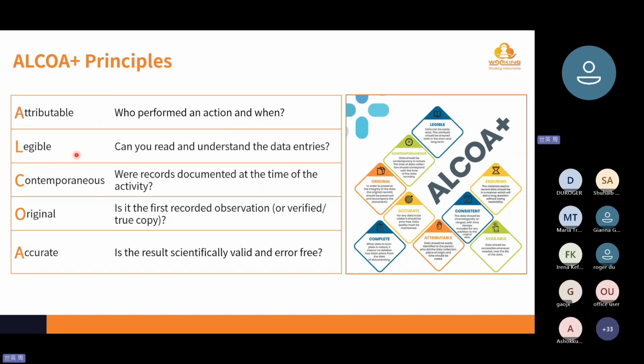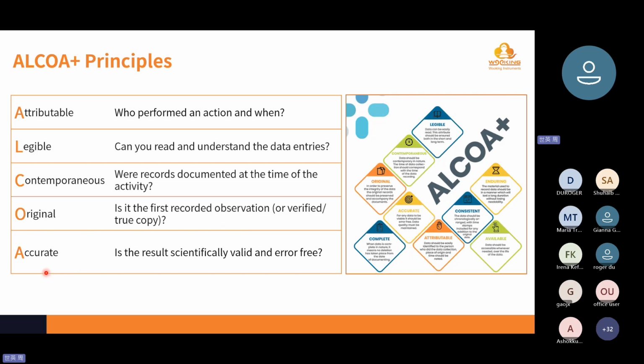L represents legible. You need to read and understand the data entries. C represents contemporaneous, which means the records are documented at the time of the activity. O represents original, meaning the data is the first recorded observation.